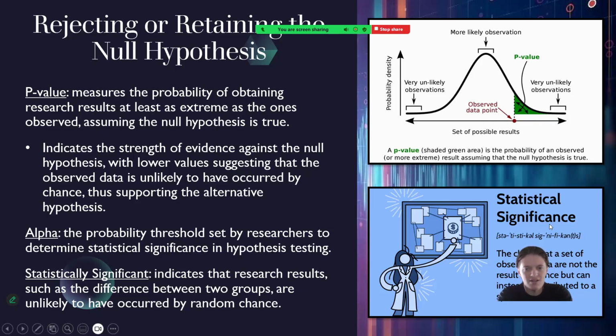Or another way of putting it, as it says right here, the claim that a set of observed data are not the result of chance, but can instead be attributed to a specific cause. So we have a p-value and an alpha, and these things are allowing us to either reject or retain the null hypothesis, depending on our findings.